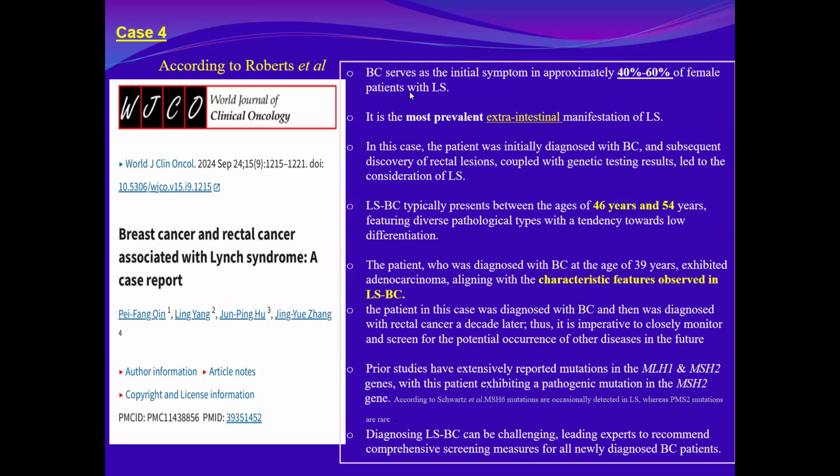Okay, and diagnosing Lynch syndrome breast cancer can be challenging, leading experts to recommend comprehensive screening measures for all newly diagnosed breast cancer.